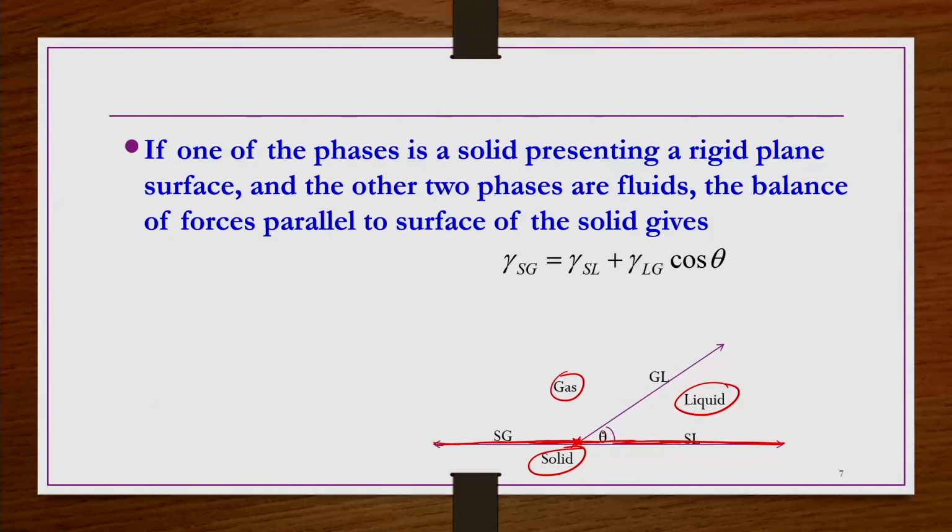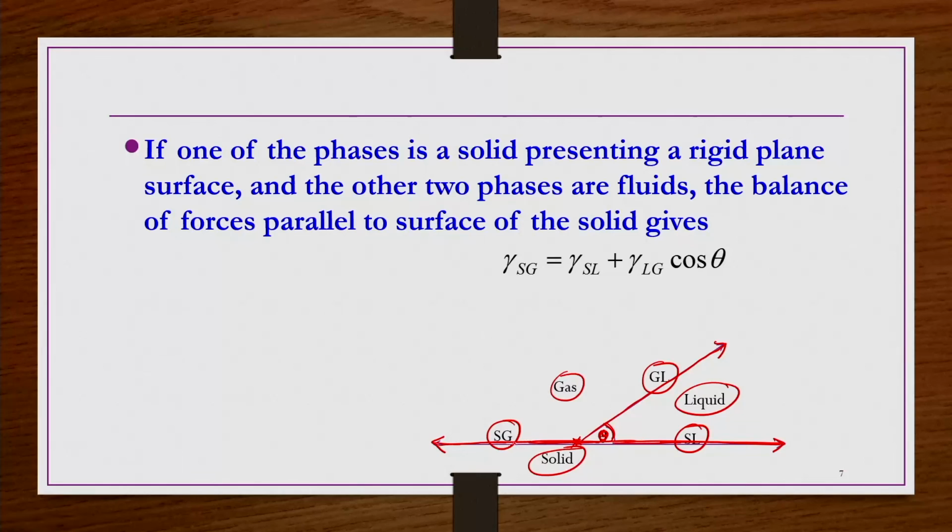Let us say the contact angle is theta. We are going to see how to measure this one. Whatever the surface tension in the SG direction is, that should be balanced by the interfacial tension in the other two directions, GL and SL, like this.